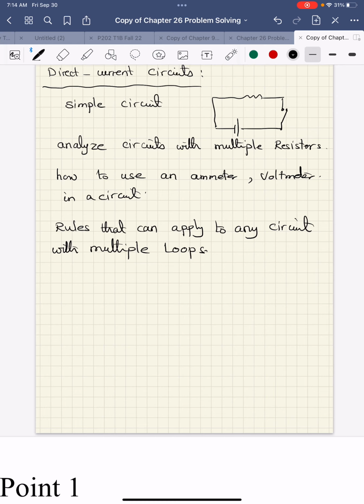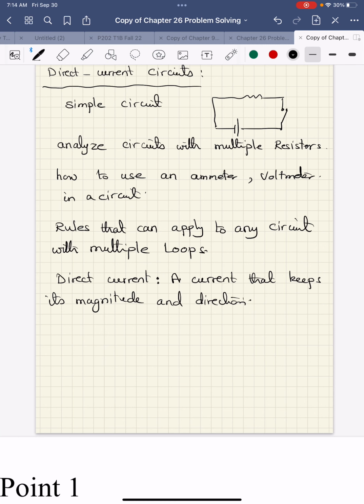Now, something that is very important is that we are going to deal with direct currents. What is direct current? It is a current that keeps its magnitude and direction.